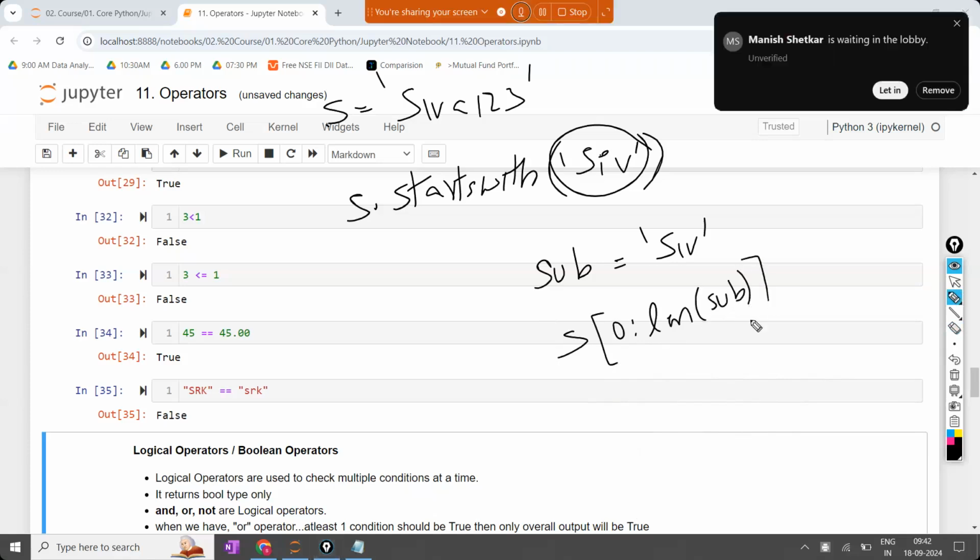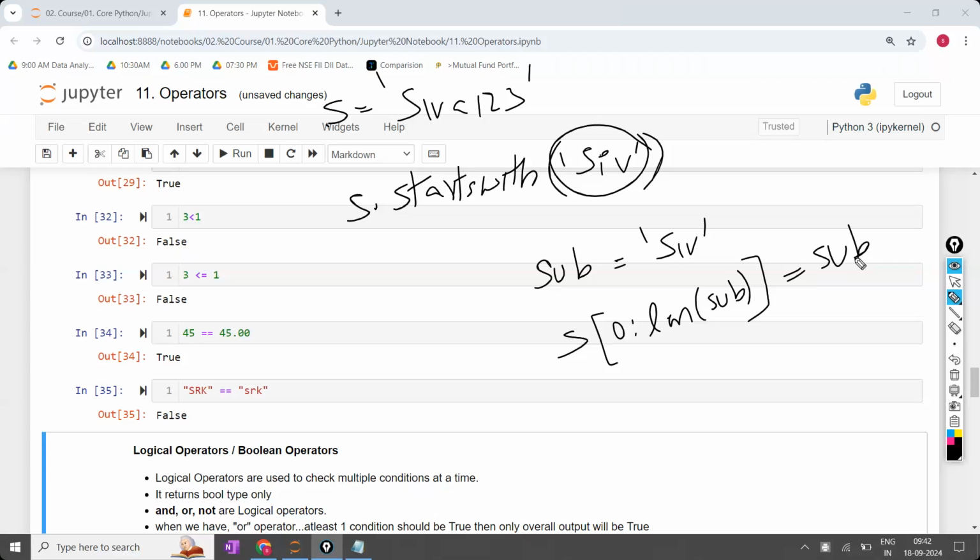Whatever the substring length is, whether it is equal to sub. That is the backend code, whether both are same or not. Now s of 0 to length of sub, which is 3, means caps lock SIV, and this one is equal to SIV. If both are same, output is true. If both are different, output is false. That is the backend code.